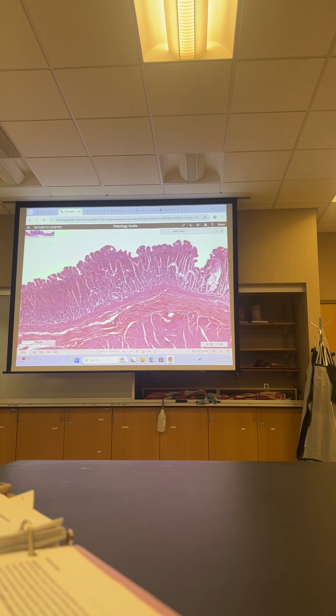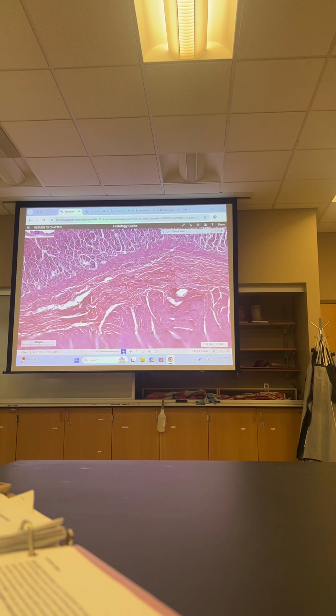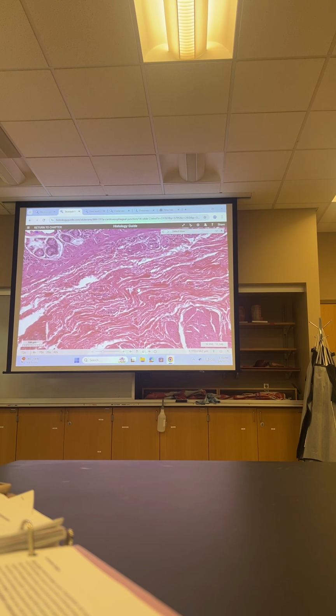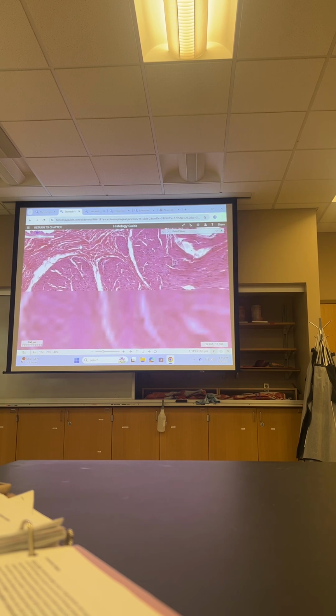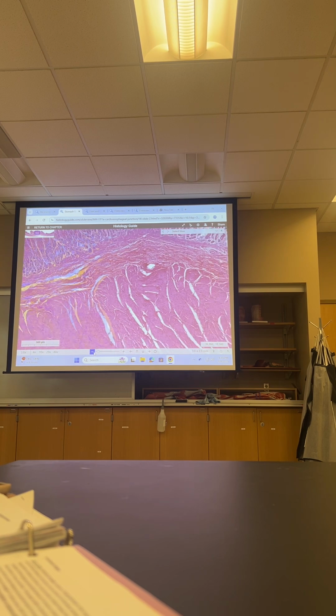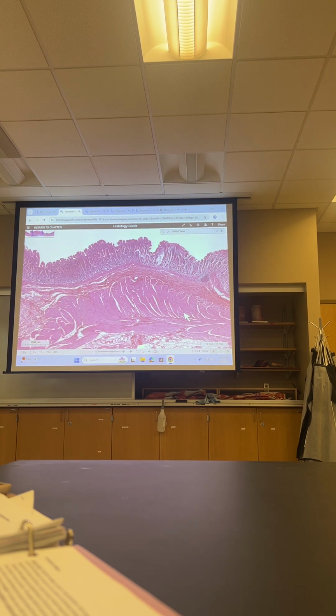The submucosa is right below the muscularis mucosa. So all of this connective tissue here is the submucosa. And right below the submucosa is another layer, a really large layer of smooth muscle, and that's the muscularis externa.